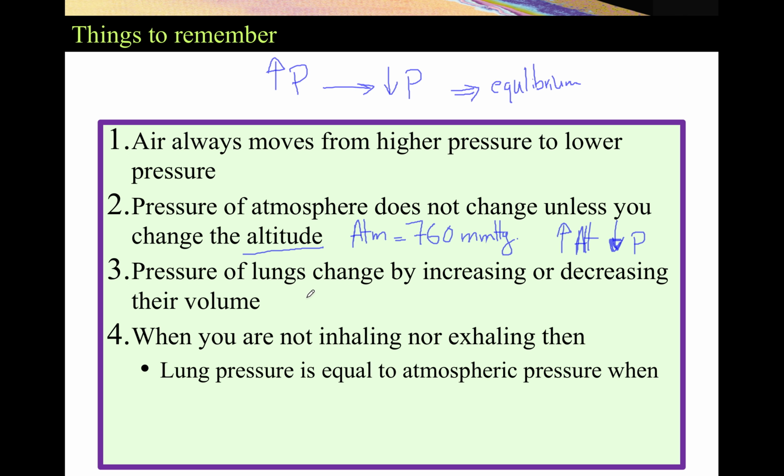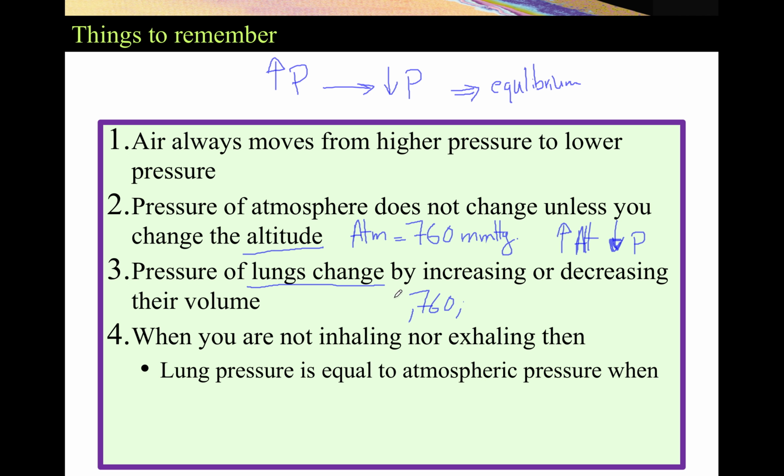On the other hand, you have pressure inside your lungs. Understand that when you're not inhaling or exhaling, the pressure of your lung is equal to the pressure of your atmosphere, which is 760 millimeters of mercury. When I inhale, your rib cage is expanding, which means the pressure inside your lung is going to drop.